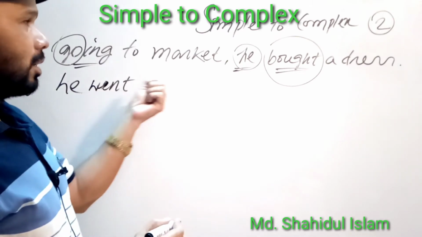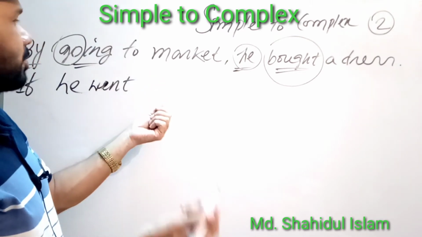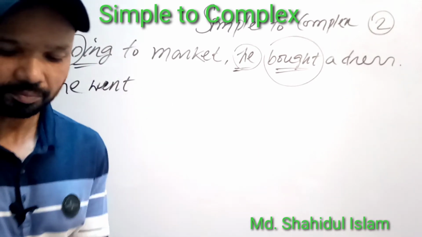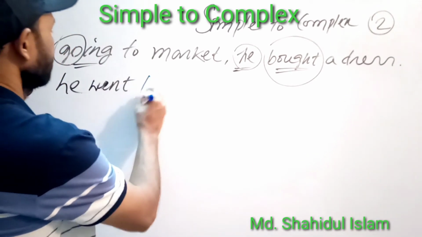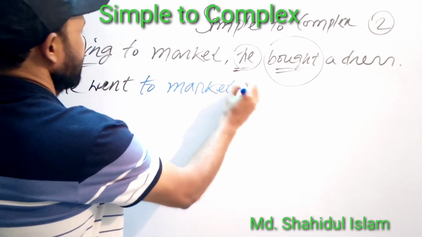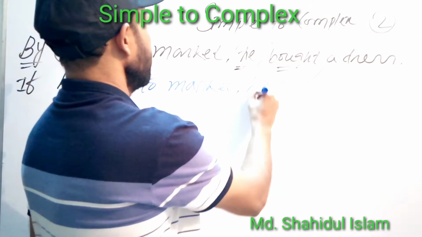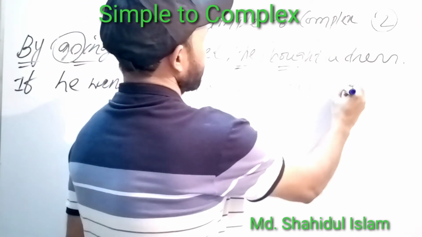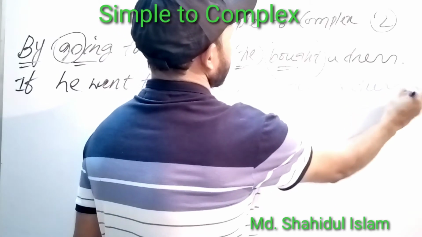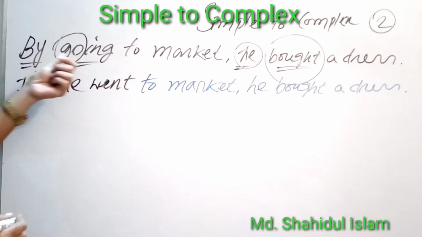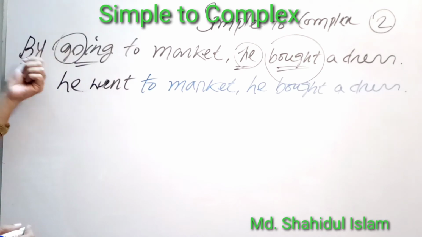It is done. So you can write the remaining part of the sentence. That is, to market, he bought a dress.